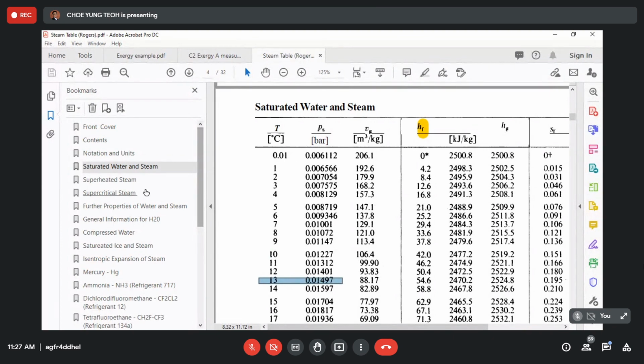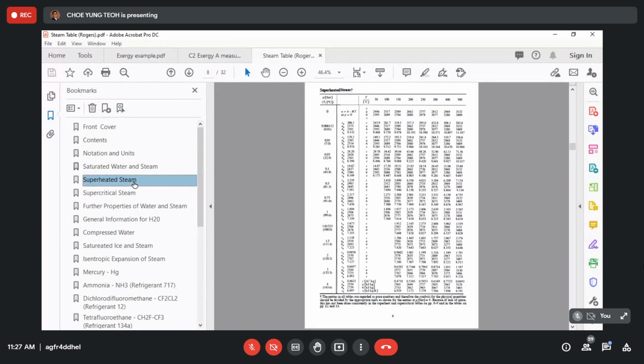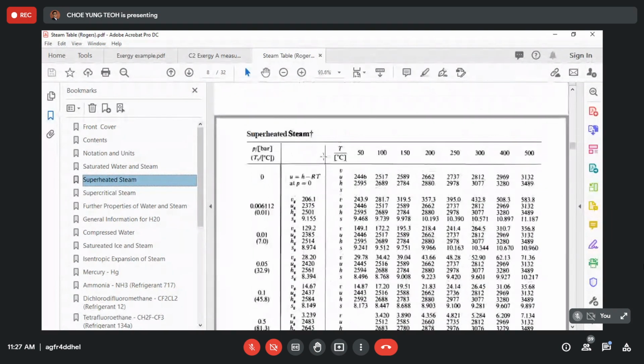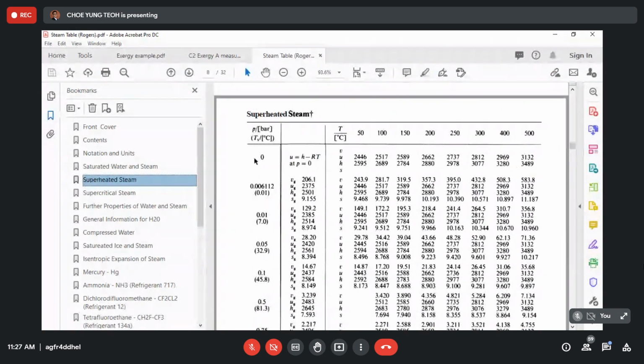And then next is about the superheated. Most of the case when we use the steam to run the steam turbine, it is referred to the superheated steam. So actually it's more useful for superheated. Okay, so for superheated, you can see that first we have the pressure, and it will tell you what is the saturated temperature.